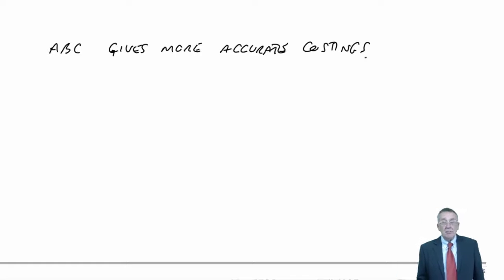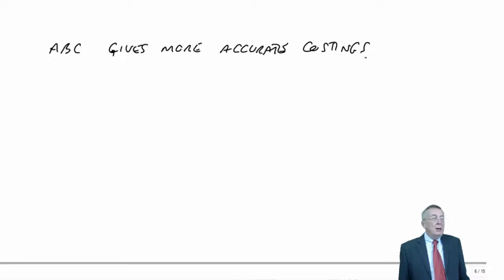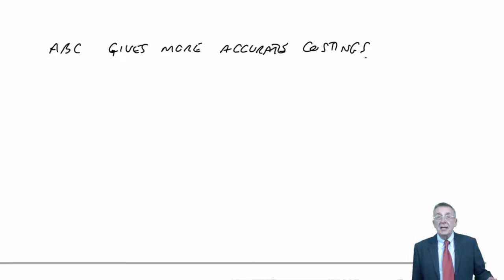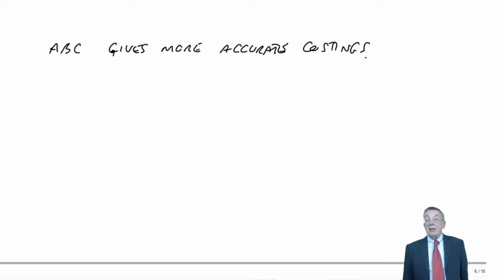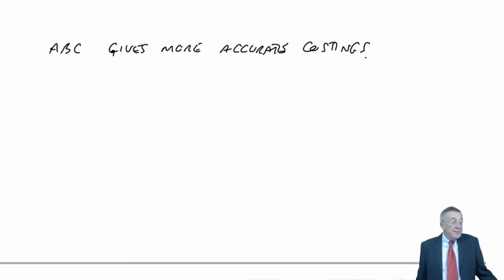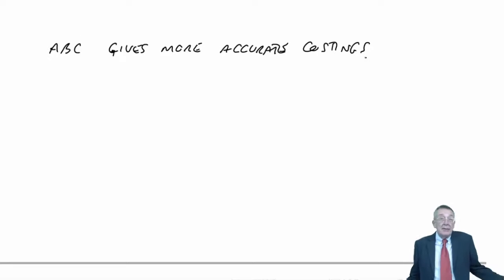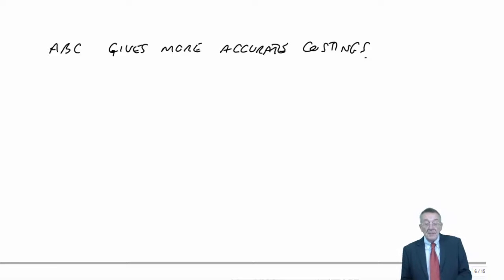However, that on its own doesn't really mean a lot. You know, why do we care? Because at the end of the day, from the example we just did, total overheads are 190,000, and for the company as a whole, it's 190,000 whatever happens, however we choose to split it between the products.